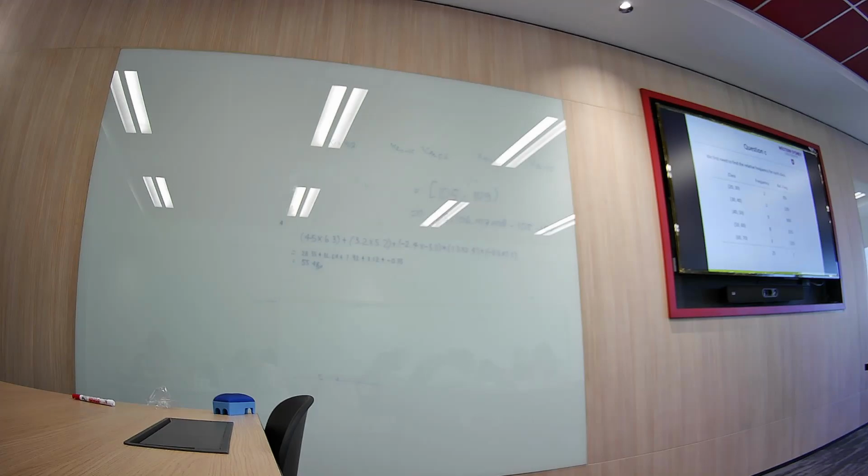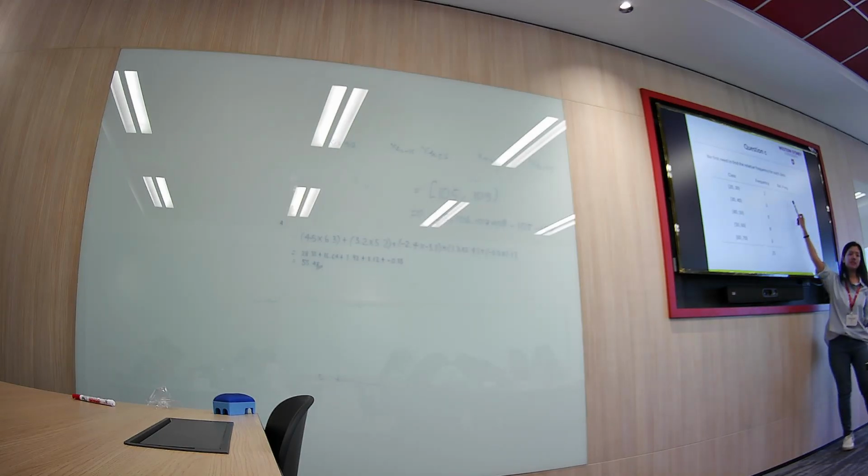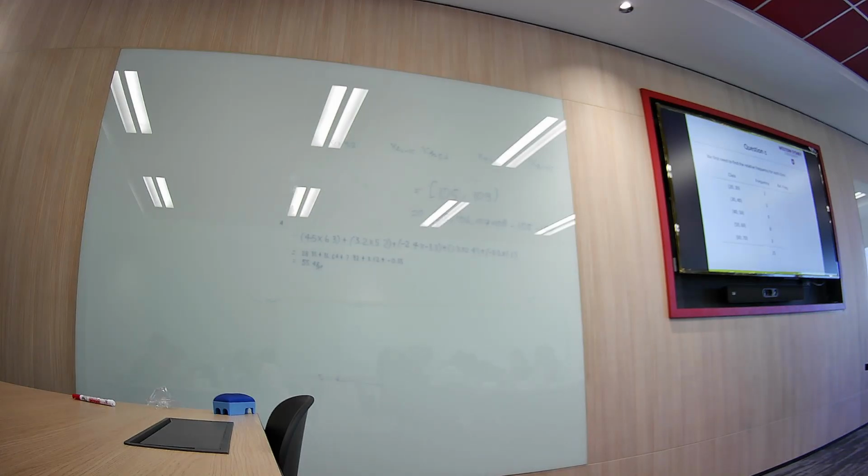Now if you see this one, you already construct the frequency from the stem and leaf. Now you can count the relative frequency. It is the percentage. For example, the first class, only 2 students.